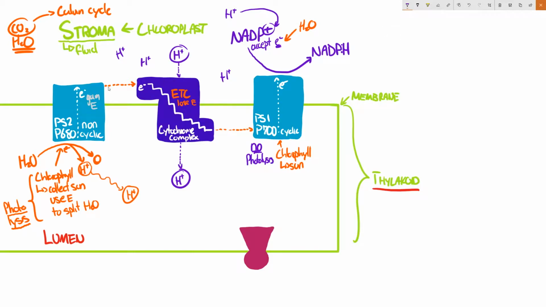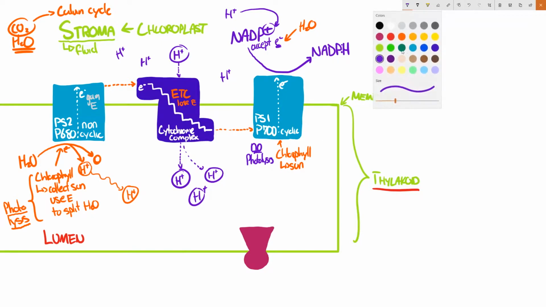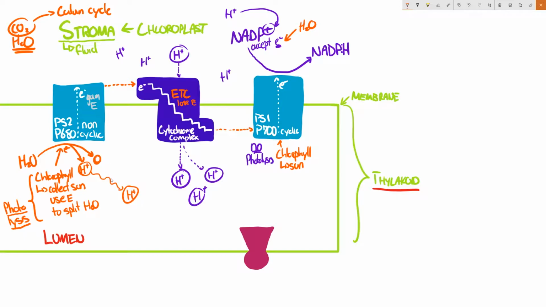So our electrons keep going through. They go through the electron transport chain. They pull hydrogen ions across. So that's increasing. As we keep using more water, we get more hydrogen ions coming in. Okay, this is from the H2O.